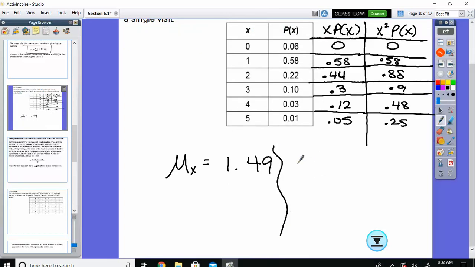So your formula, it's a little nastier looking, says you do the square root of the sum of these x squared p of x's. So if I add that column up, you get 3.09 minus your mean, which we found to be 1.49, squared.